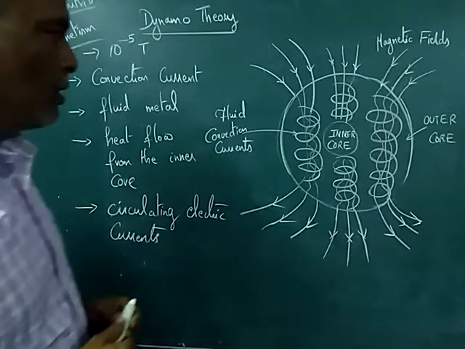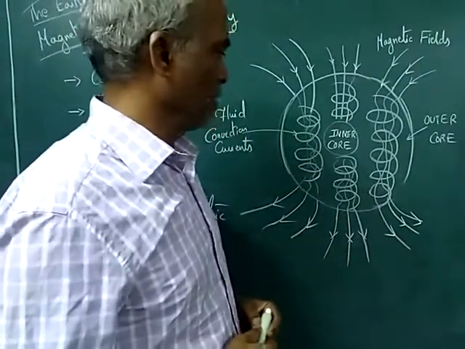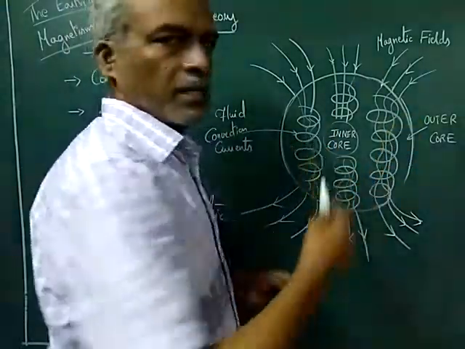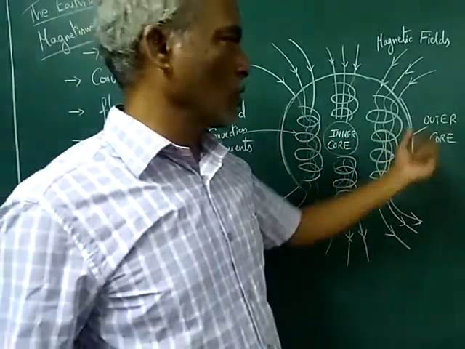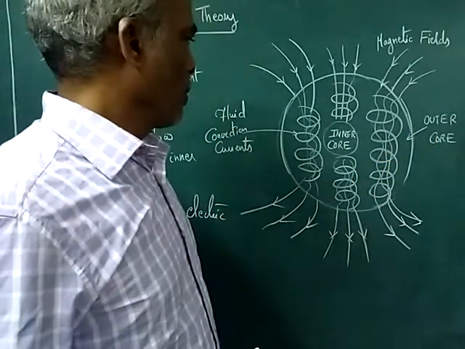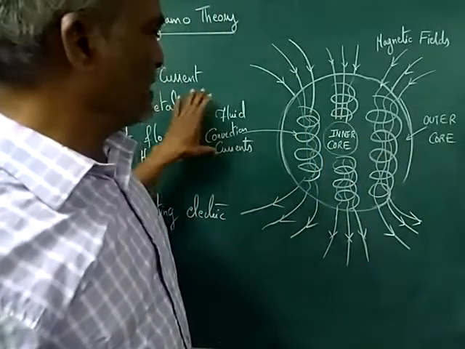If you see the structure of Earth, assume it to be spherical in shape. You have the inner core and the outer core, and in the outer core you can see some fluid.